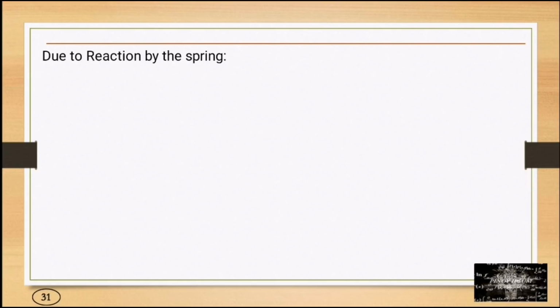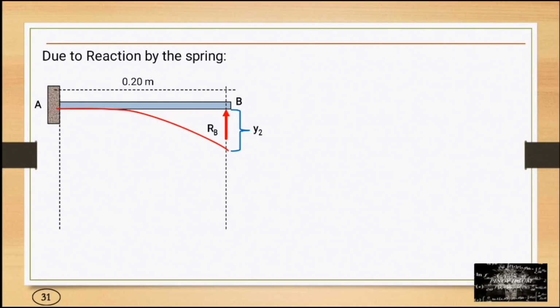Due to the reaction exerted by the spring, we have y2. The resultant moment at point A is equal to 0.2 times RB over EI.